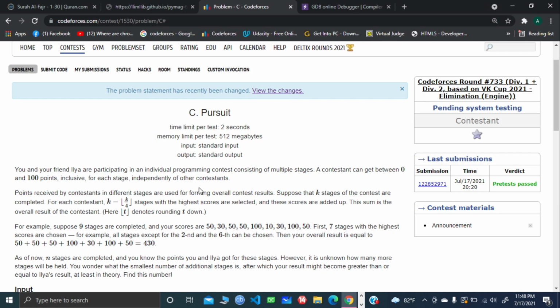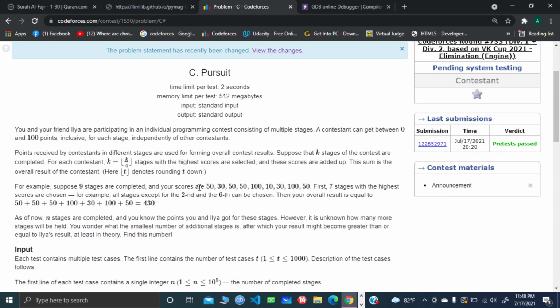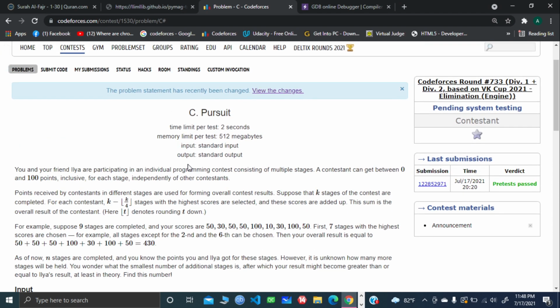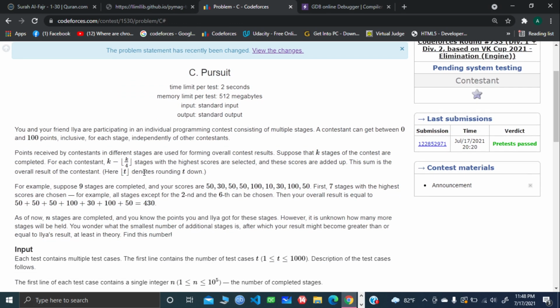Now, after completing K stages, each stage's points will be distributed from 0 to 100 points for each and every stage. So if K stages are completed, how would we get the result of which player got what points, or how would we measure the total points?